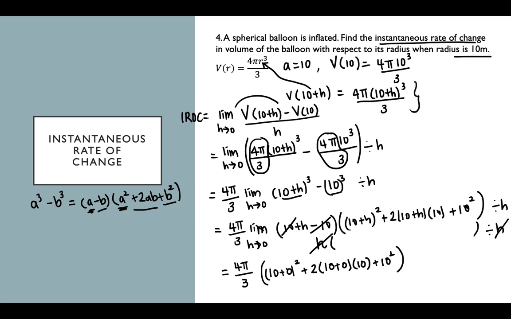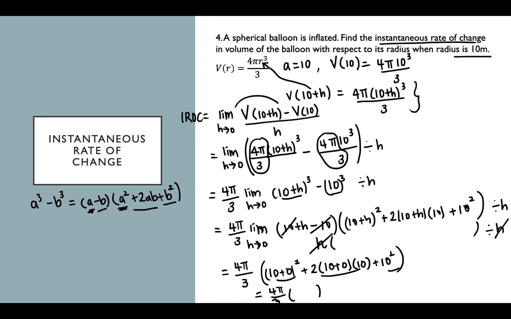It worked out really well because h was able to cancel out. So you're going to do the math of 10 squared. So it's going to be 4 pi over 3, and then do the math and times this.